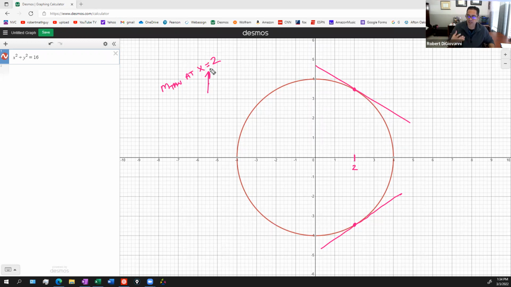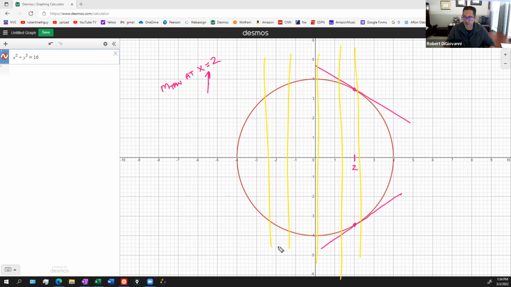The thing that's causing the biggest issue is that a circle is not a function. Why is a circle not a function? Yeah, it fails the vertical line test, right? Everything we've been doing so far, we've been dealing with functions.